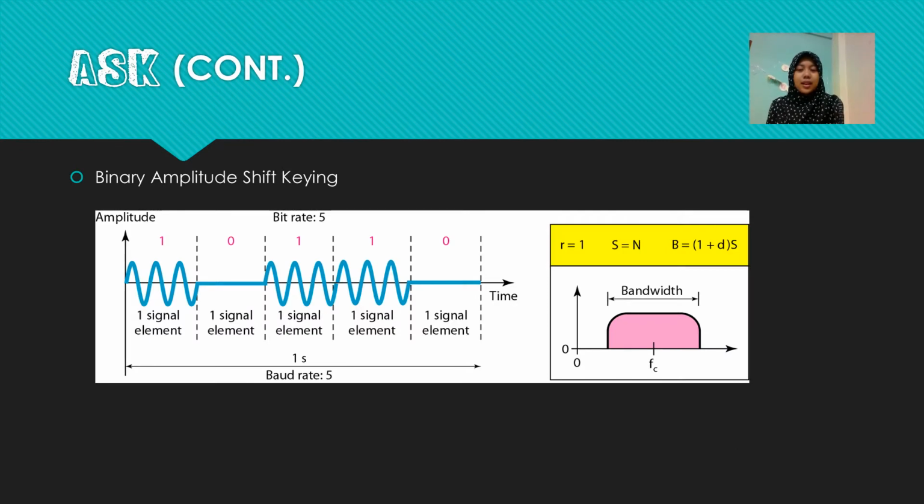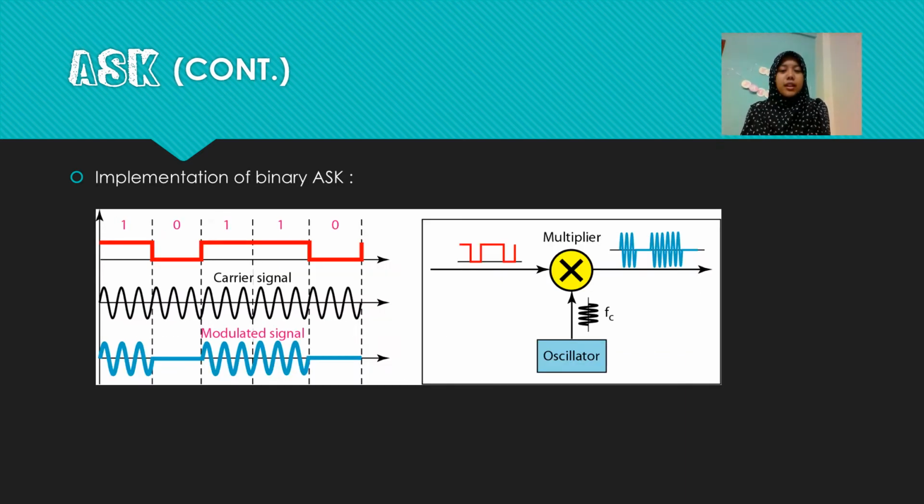And this is a graph of binary amplitude shift keying, where when the binary number is 1, it gives a signal of one signal element, and so on. It has 5 bits, 10110.